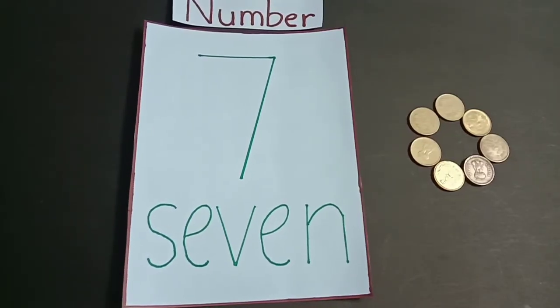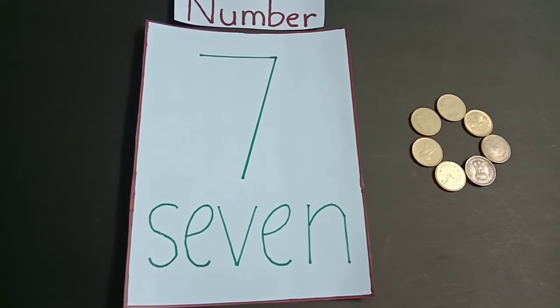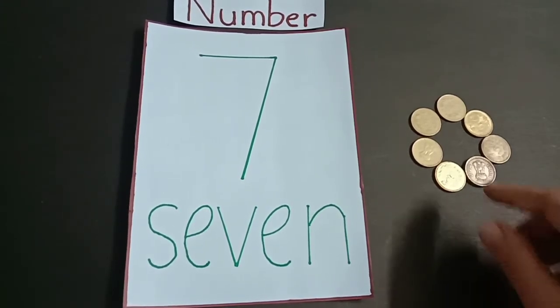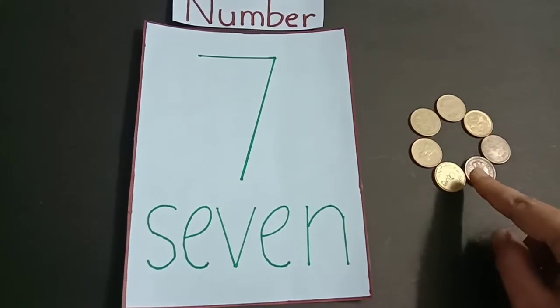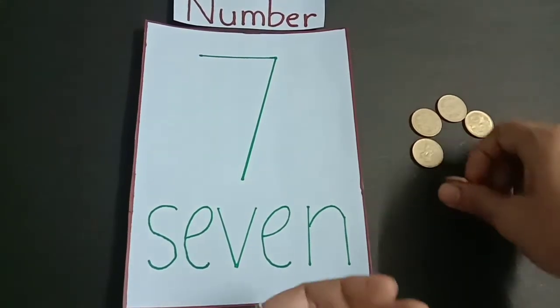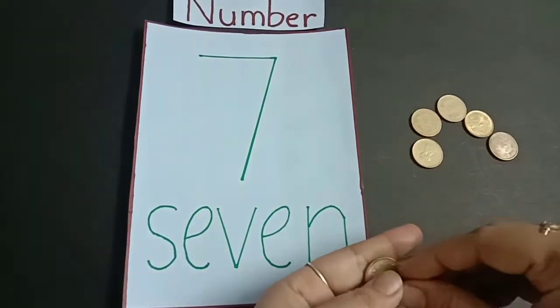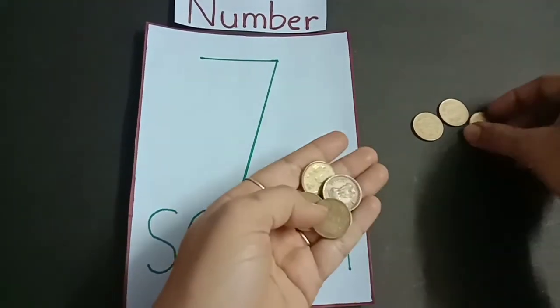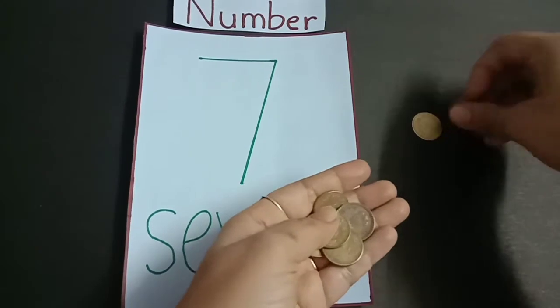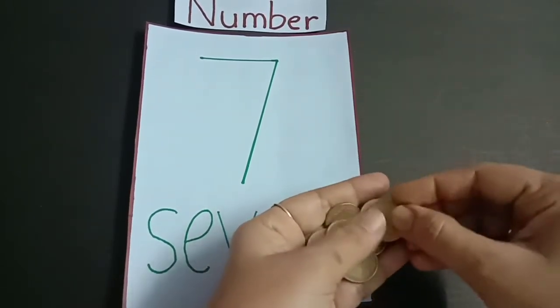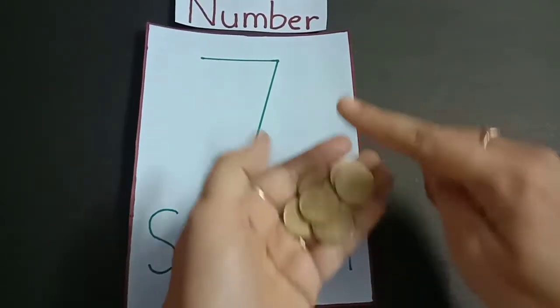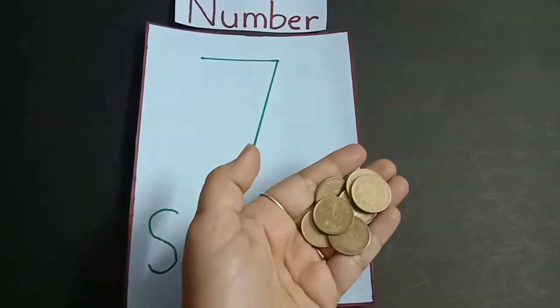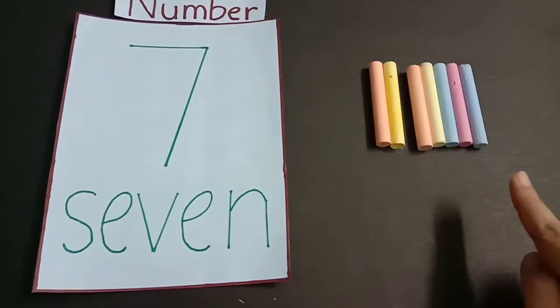Wow, kids, what are these? These are coins. So let's start counting coins. 1, 2, 3, 4, 5, 6, 7. 7 coins. Kids, what are these?